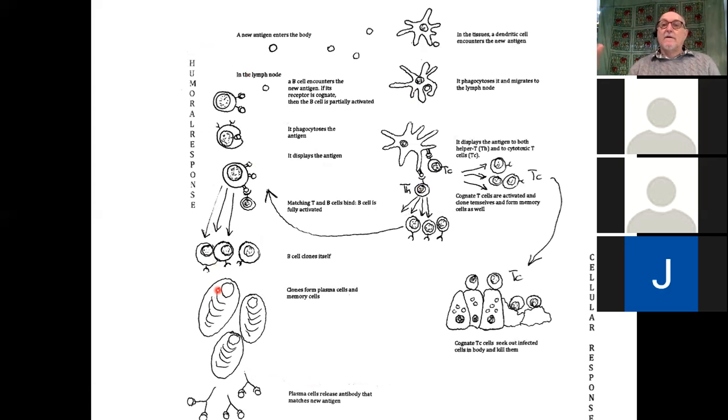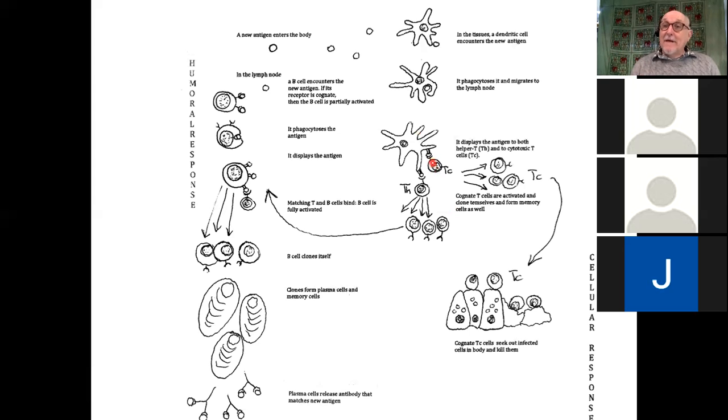But there is another response as well, and this is the response that we've talked about with the cytotoxic T cells. And the cytotoxic T cells also interact with the dendritic cell. It's much the same story. A cytotoxic T cell has a particular receptor.